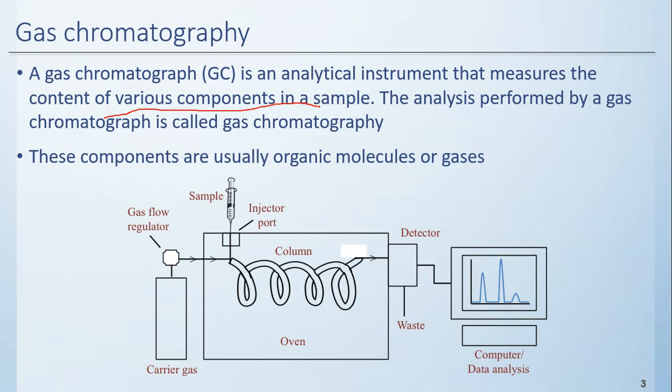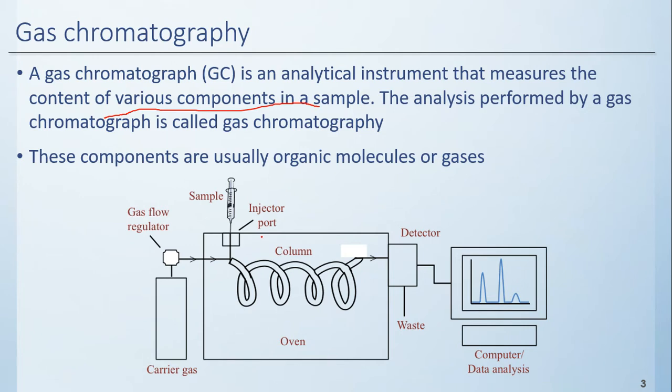So there are n number of components. This gas chromatography instrument measures the quantity of these various components in a given sample of air. So first we need to separate the components, then we have to measure the quantity of each component.